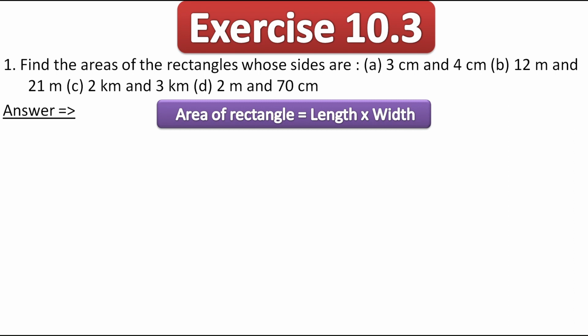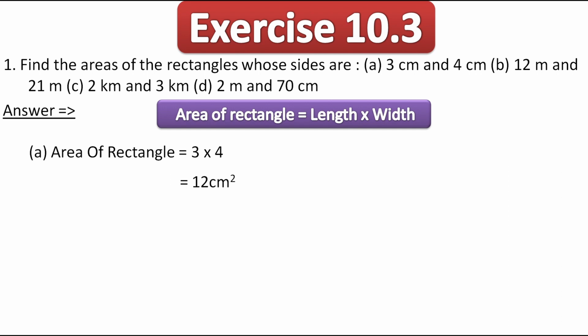Sides of a rectangle means length and width. As you all know, opposite sides of a rectangle are equal. Therefore we can say 3 is length and 4 is width, or 4 is length and 3 is width. So let's find out. The area of rectangle A can be written as 3 into 4, which is equal to 12 centimeters square.